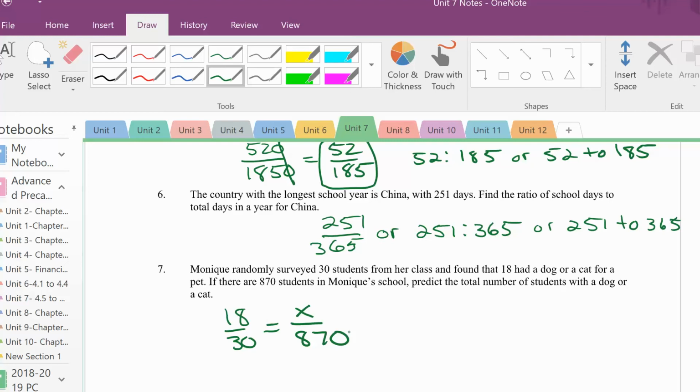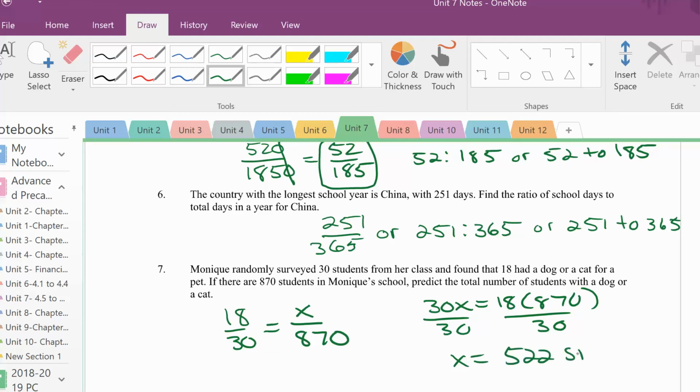So 18 over 30 equals x over 870. So you cross multiply, so 30x equals 18 times 870. And then divide by 30. And x equals 522 students would have a dog or a cat as a pet.